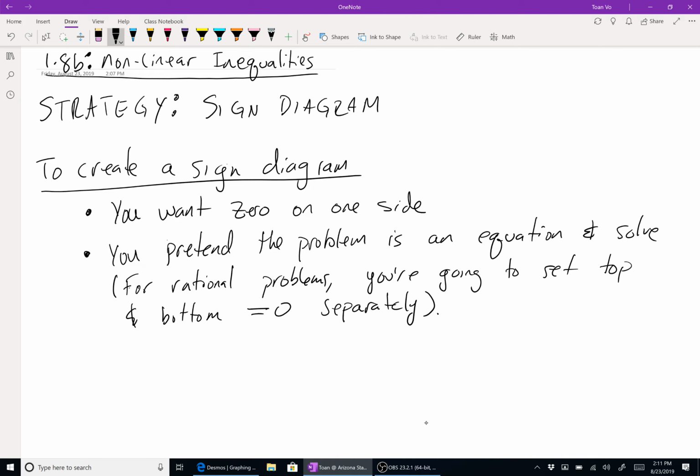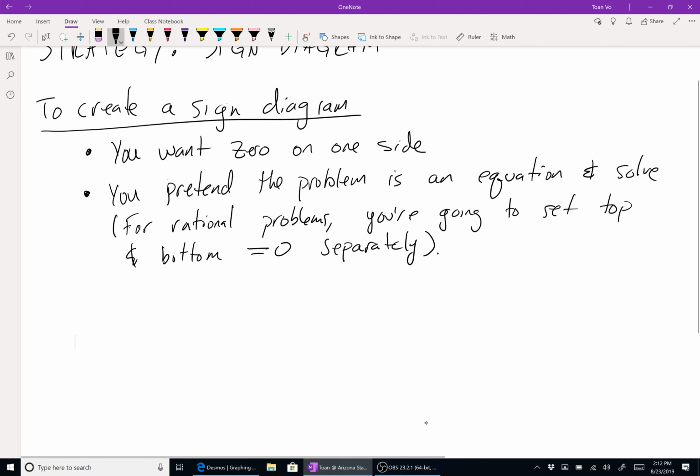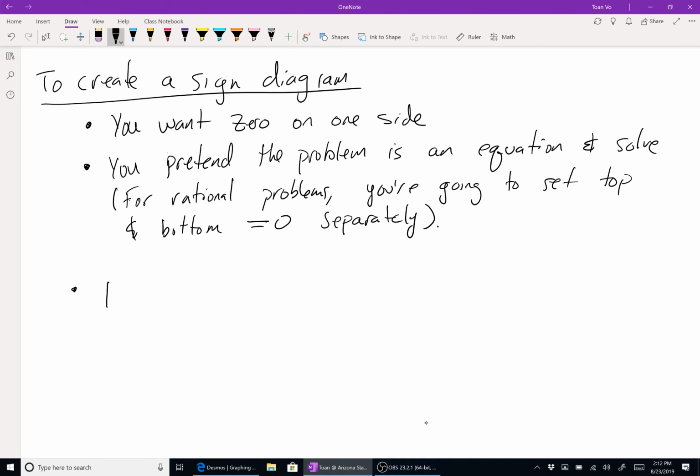Since a rational inequality technically has two parts, the numerator and denominator, whereas a polynomial only has one part, I'm just going to add the extra tidbit. You're going to pretend the problem is an equal sign, but for rational equations, just set both the top and bottom separately equal to 0 and solve. You're going to plot your answers on a number line.